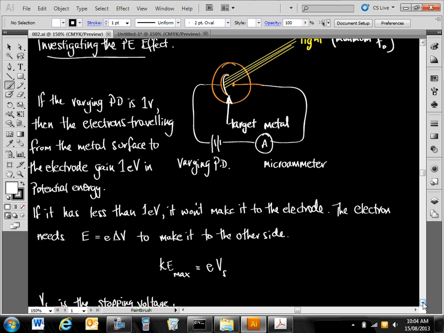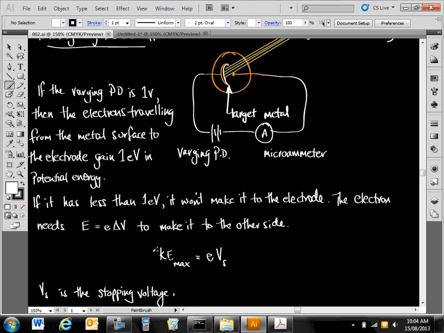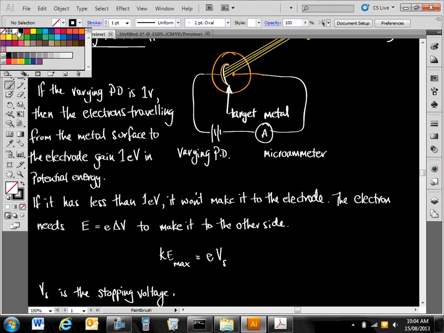Of course, we're interested in the maximum energy that those electrons have, and the maximum energy is related to the electron charge. Let me get a different color here.